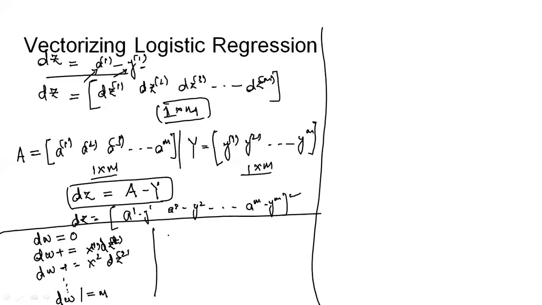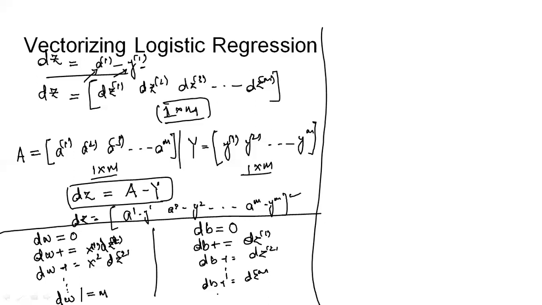And for finding the value of b, we have initialized b to 0. We have used a function np.zeros. So we have initialized the value of b to zeros, and further we were incrementing db as db plus equal to dz1, db plus equal to dz2, and so on, and that goes up to m. db plus equal to dzm, because there are m training examples.